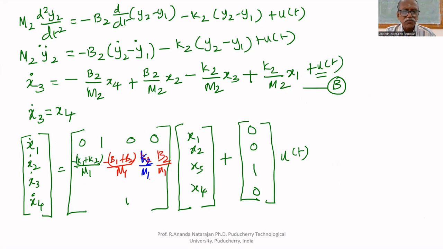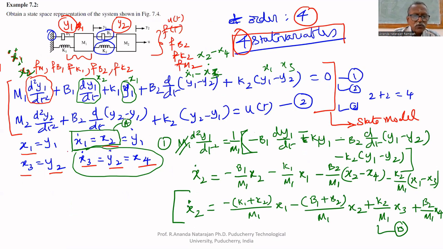Here x3 dot equal to x4. This is 1. All others are 0. Sorry, I did this wrongly. y2 dot equal to x4, y2 double dot equal to x3 dot.